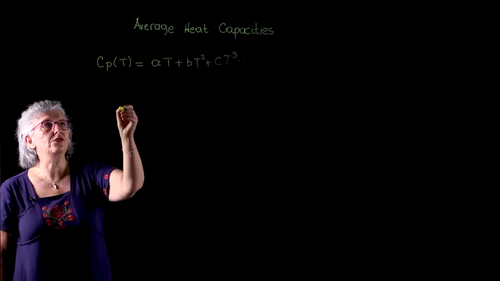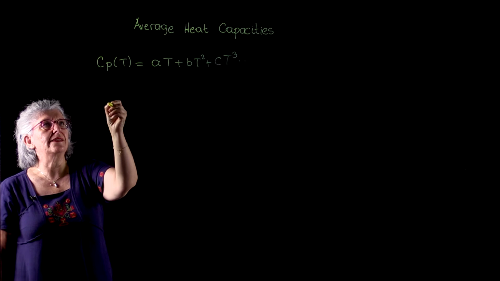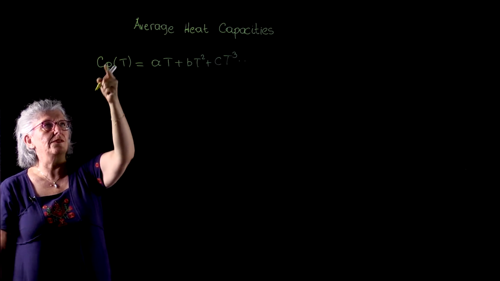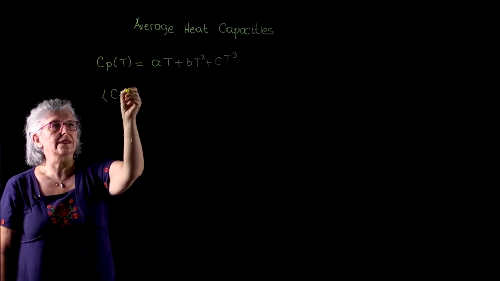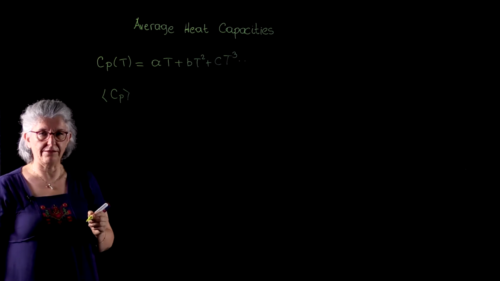In other words, the mathematical representation of this, I'm going to use double brackets to represent that this is an average quantity.